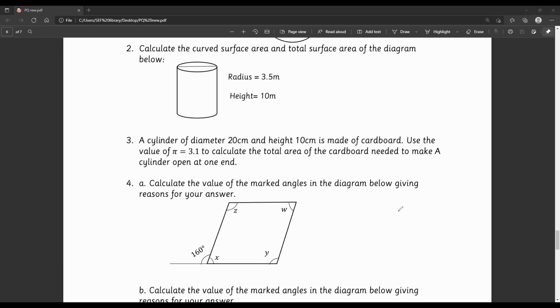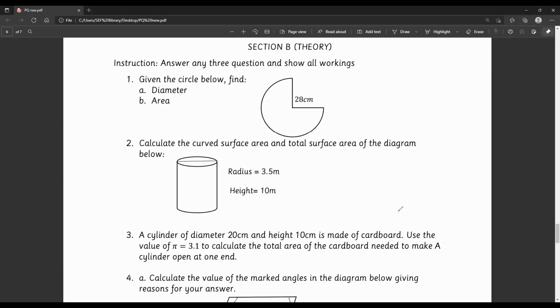And in the question, we are given our diameter to be 20 and our height to be 10 centimeter. So our radius is going to be what? Diameter, that is our d, divided by 2, which is 20 divided by 2, which is 10 centimeter.